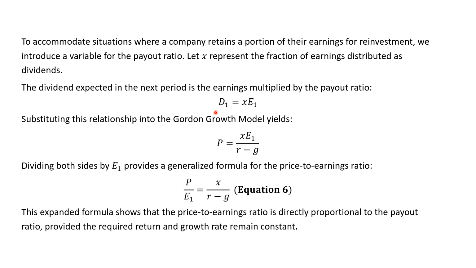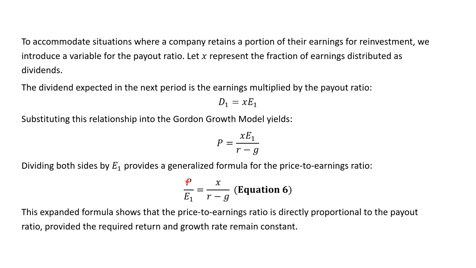And this is a more practical model. It's pretty easy to fix. So to get the Gordon growth model, we just plug in D1 here, and we have this equation now. So this is a version of the Gordon growth model based on a percentage of earnings.